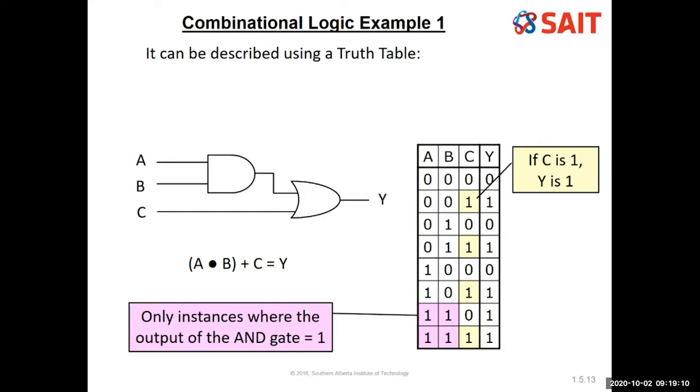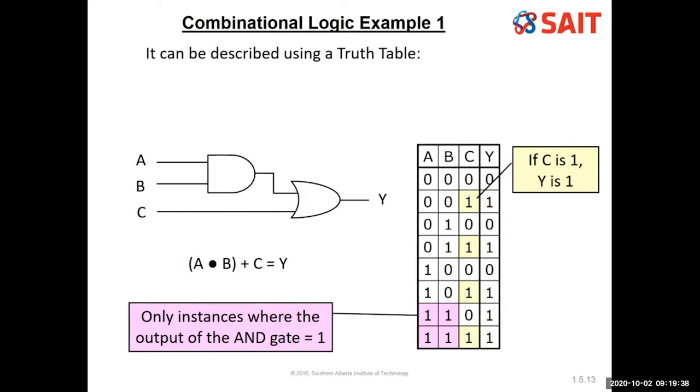My other gate, A and B. Whenever A and B are both 1, the output Y is going to be 1. And then I fill in everything else in the Y column with zeros. So you will see I have 3 zeros and 5 1s to create this truth table. A truth table describing A and B or C equals Y.